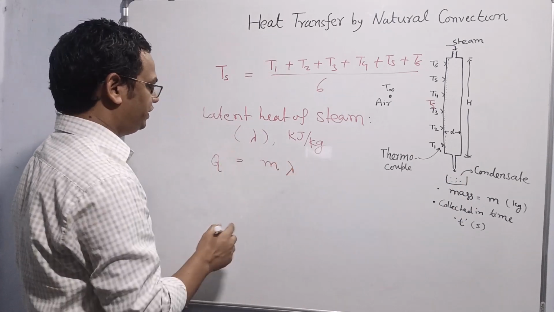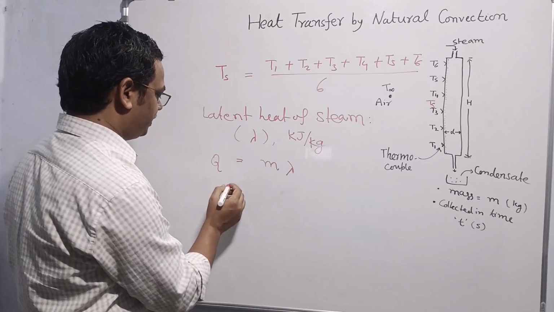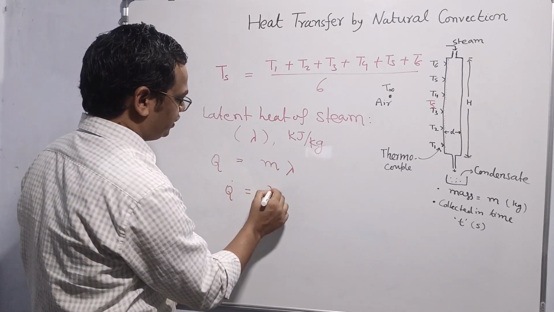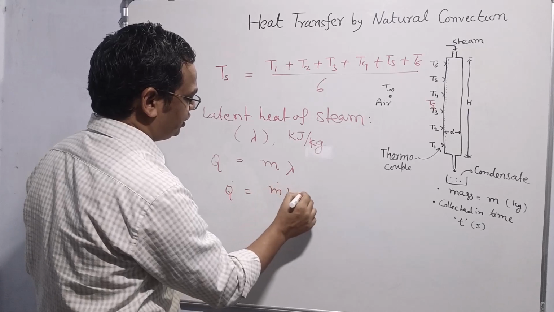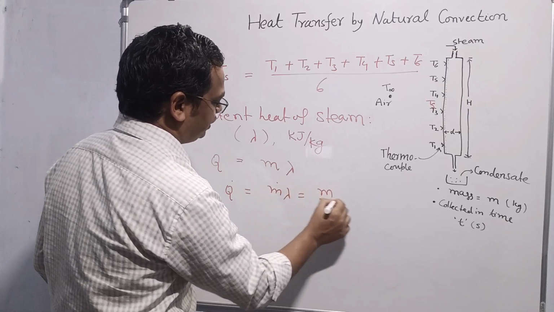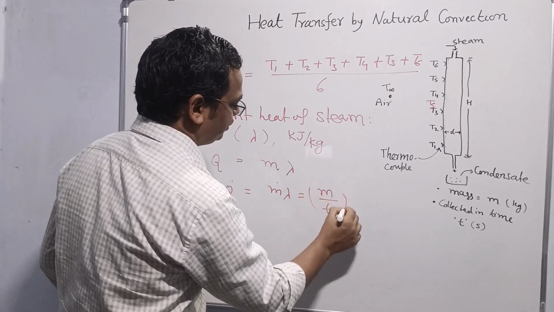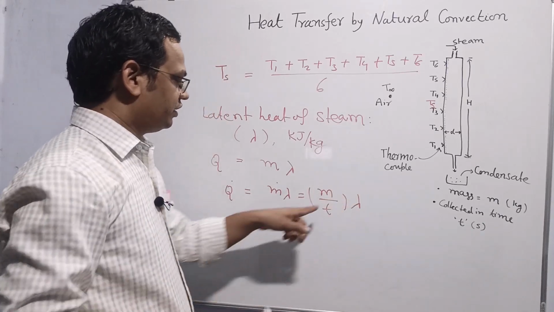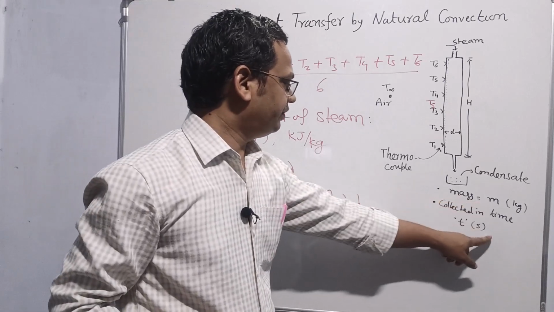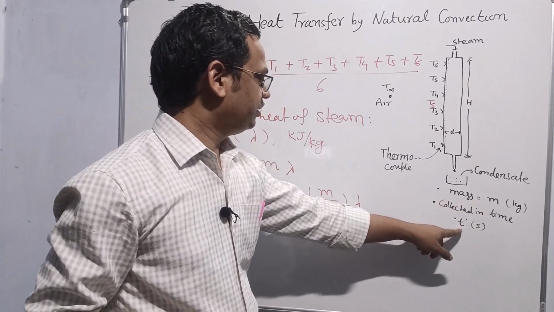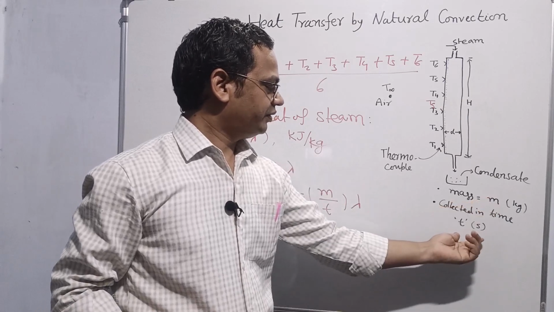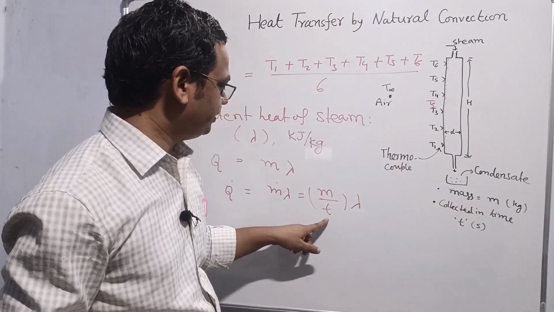So this is the heat transfer, and we can find the heat transfer rate, m dot lambda, M by T into lambda, the collected mass for a specific period of time, that is T. For example, we have collected the mass for 15 minutes, therefore time will be 15 minutes.